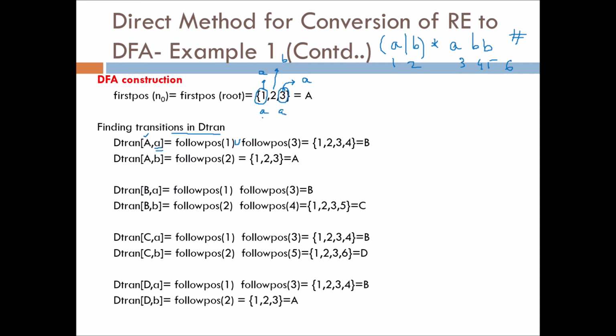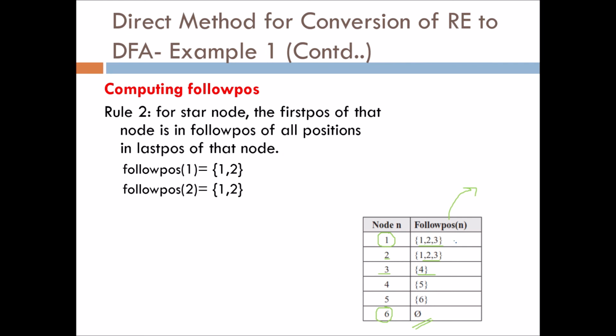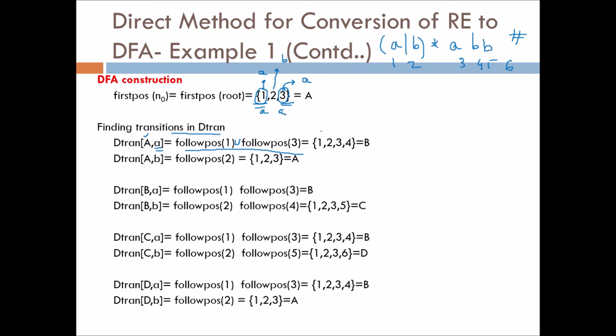So we will take a union of followpos of 1 and followpos of 3. After taking the union, getting the values from this table for followpos of 1 and 3, we get 1, 2, 3, 4. Since this is a new state, we call it B.